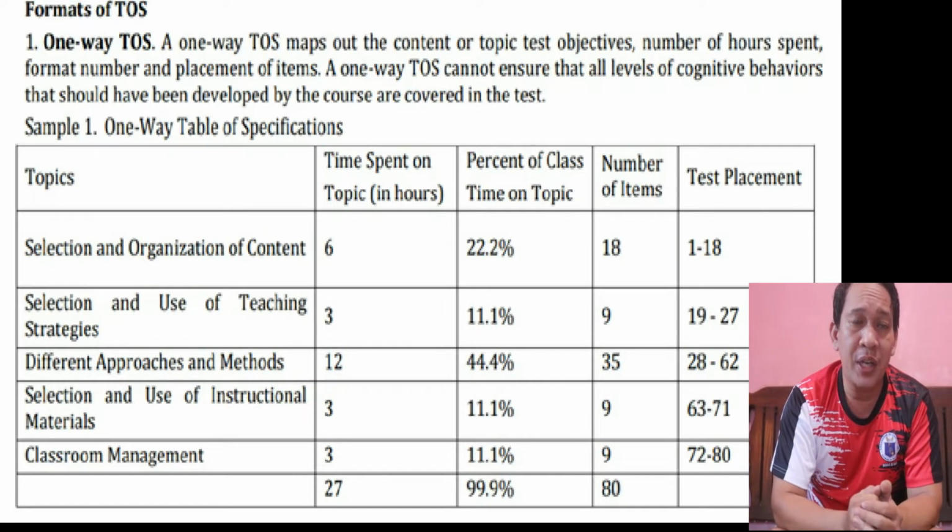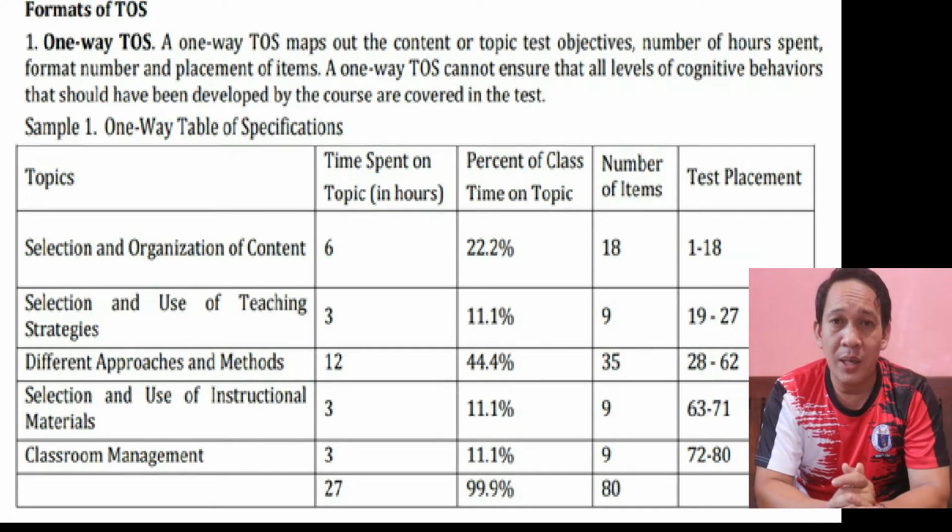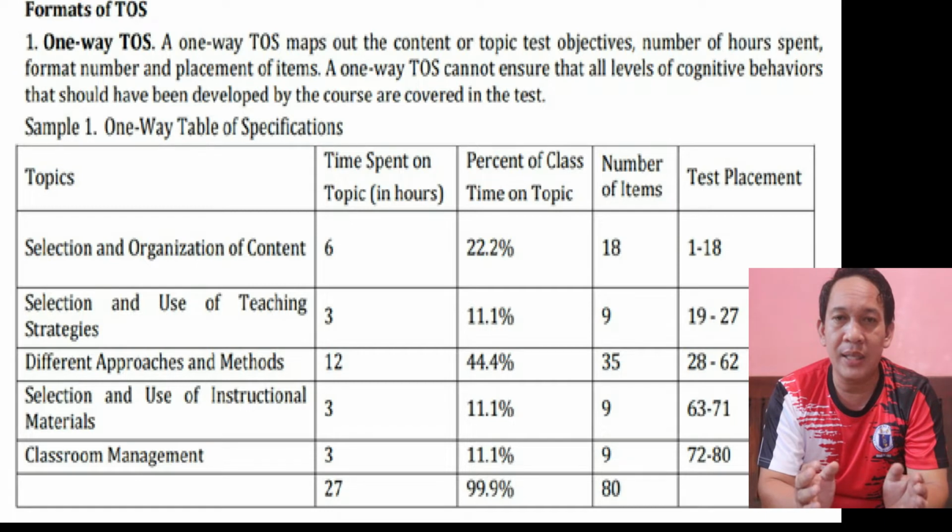But before you can make your TOS, you first decide how many items you are going to have in your assessment or test questionnaire. So there is a percent of class time on topics, because as I stated earlier, you have to follow the standard based on the curriculum guide.